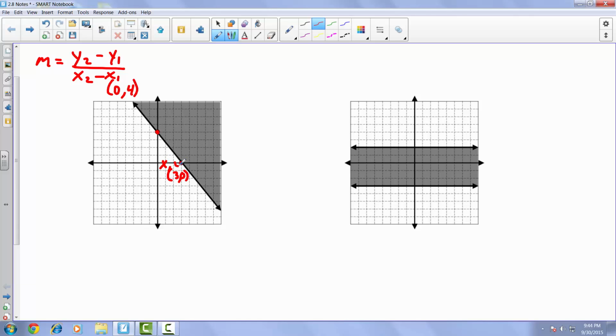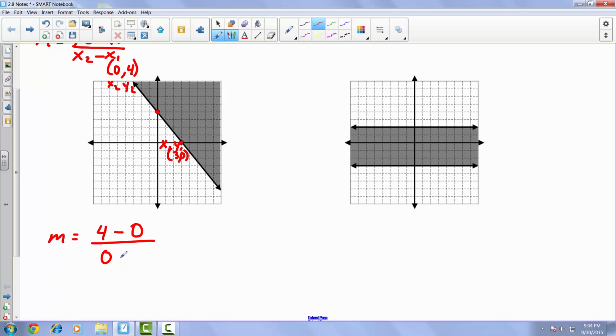So our slope m is going to be equal to 4 minus 0 over 0 minus 3. Simplifying this, it comes out to be negative 4/3. So our slope is negative 4/3. We can even just count that: down 4 over 3, that would be your rise over your run.